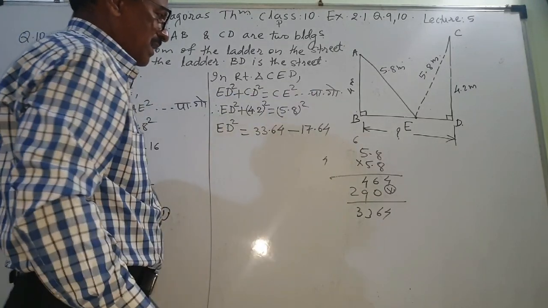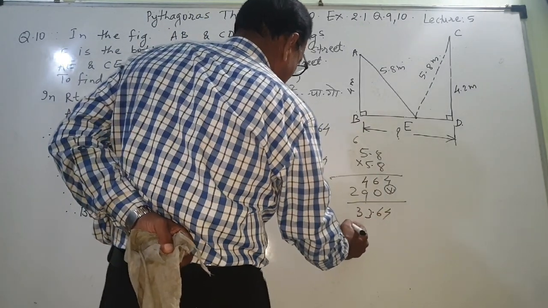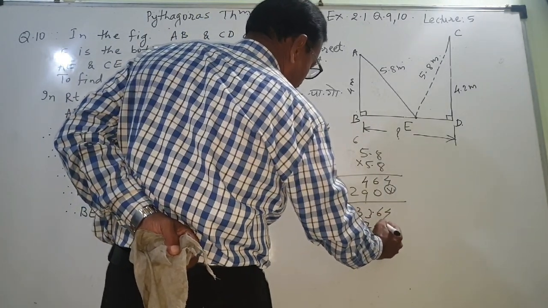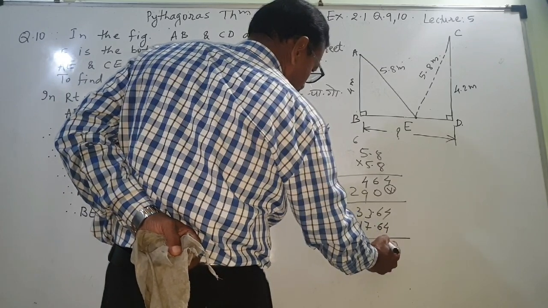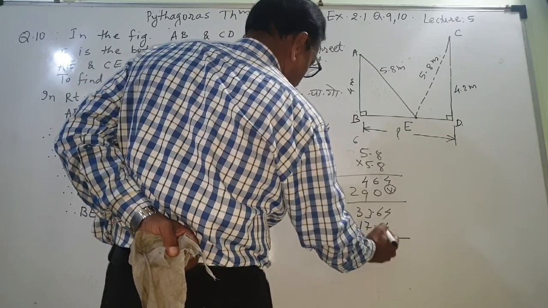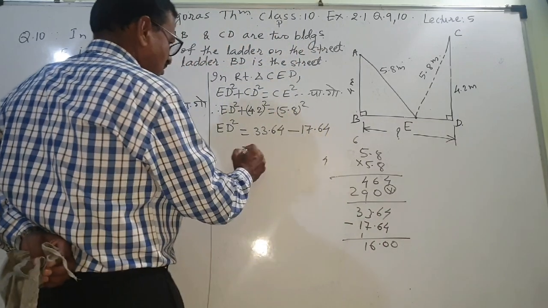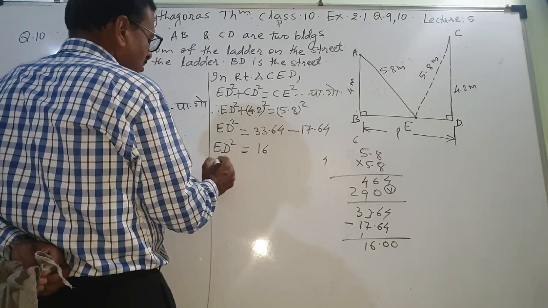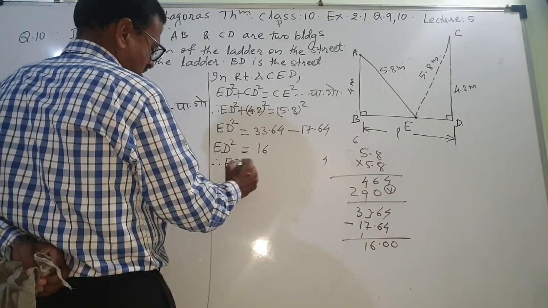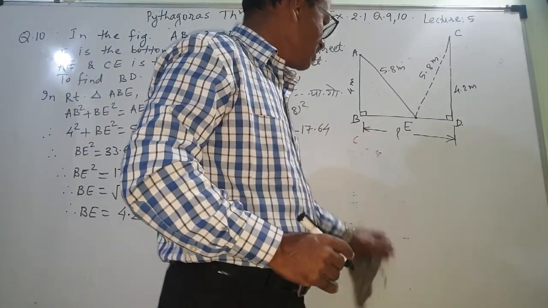Taken this on that side. Okay. This subtraction I will do, minus 17.64. 0, 0. 6 1 that is equal to 16. ED square equal to 16. Therefore, ED is equal to, directly you can write that is equal to 4. Okay, you have got this ED also now.